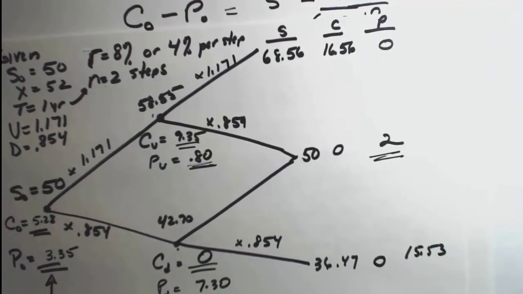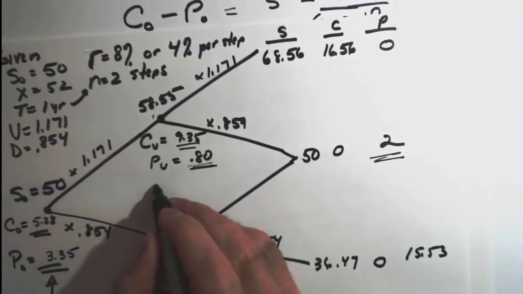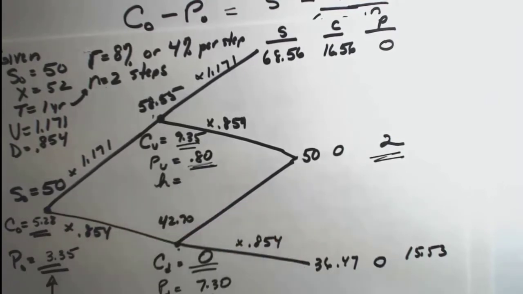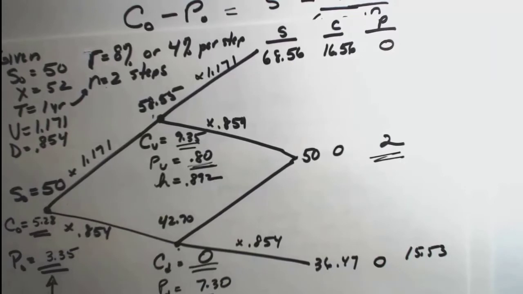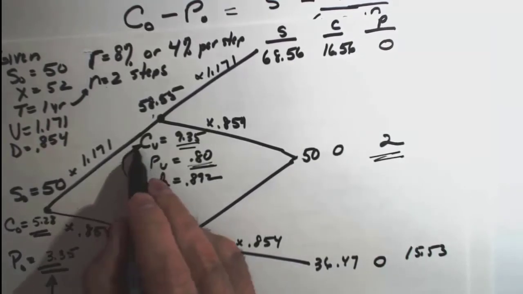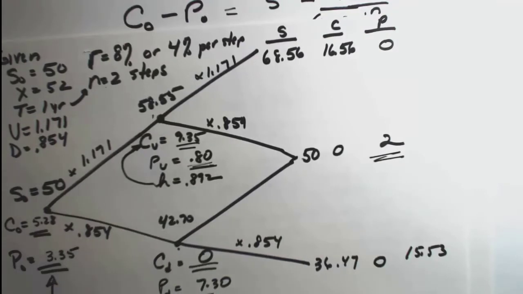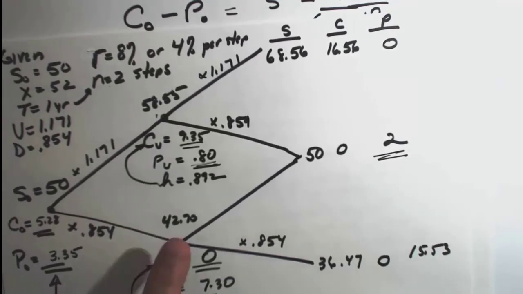If you recall, I'm going back. H here was 0.892, and that's for the call, by the way. H here was 0 for the call. Okay, now let's interpret.